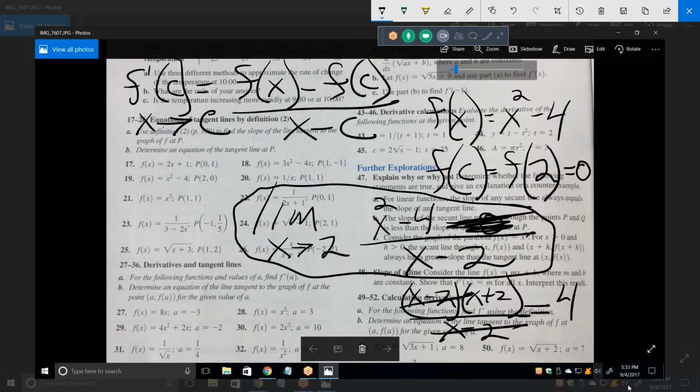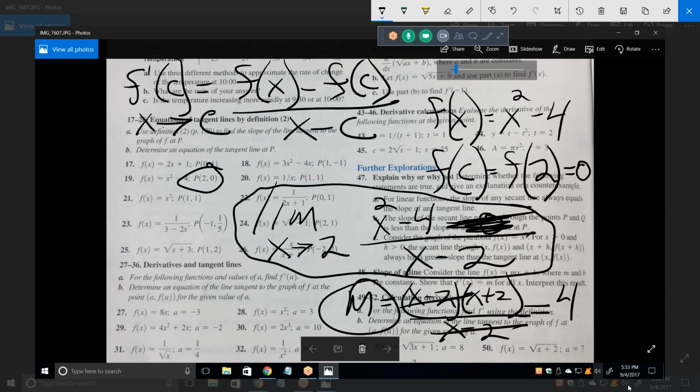Now, determine an equation of that tangent line. What's the equation of the tangent line? How would I determine an equation from that? Well, we know the slope, that's a good starting spot, and we know a point. If you know the slope and you know a point, use the point-slope format for a linear equation.